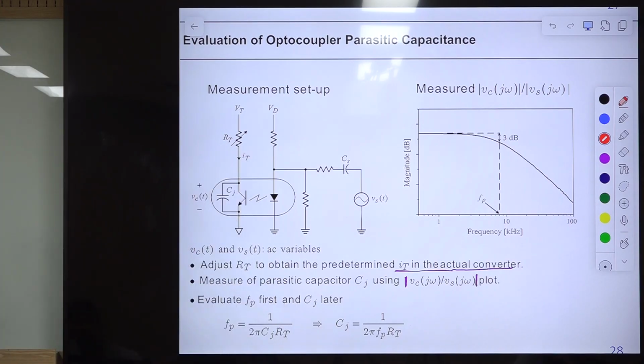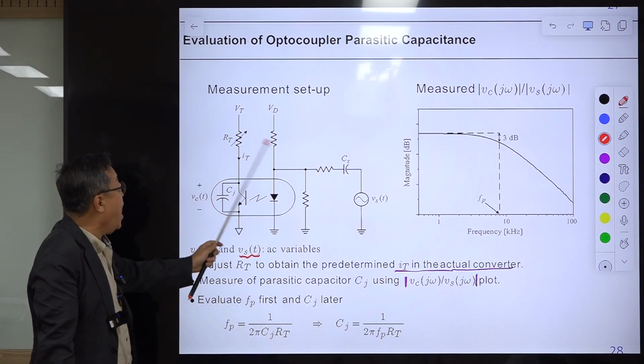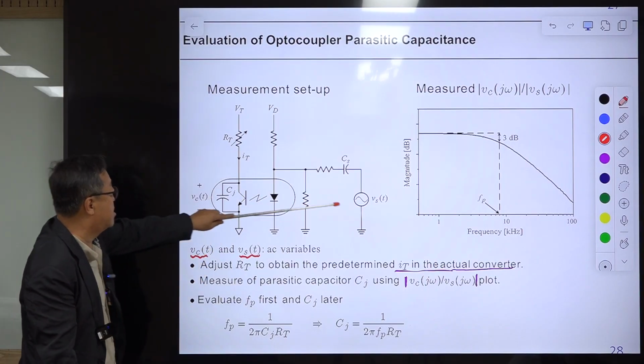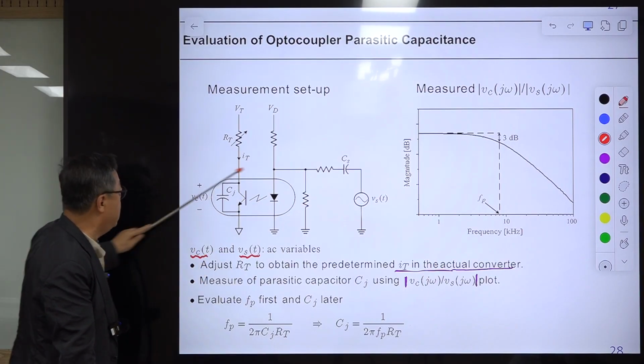There is anyway uncertainty between CTR and the CJ in the optocoupler. Okay, that can be a problem. And this VCT and VST are small signal variable sinusoidal components on top of the DC value of this. Okay, so you are measuring this AC in, AC out.